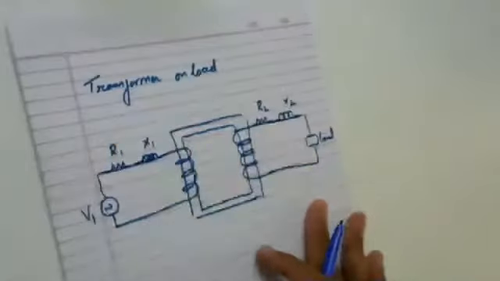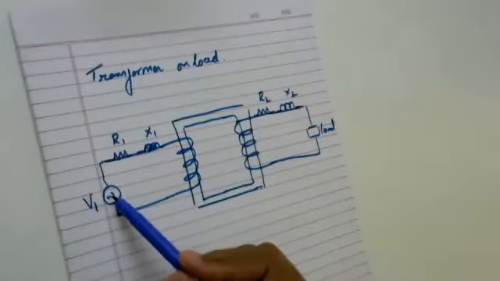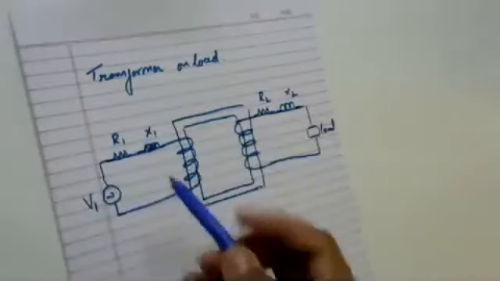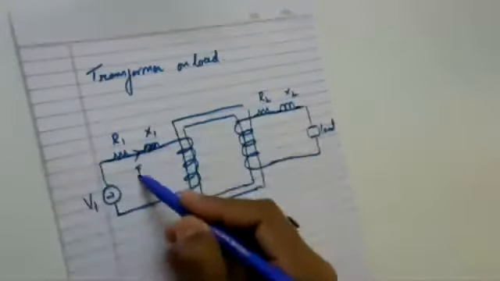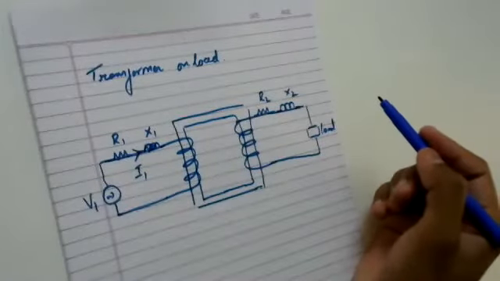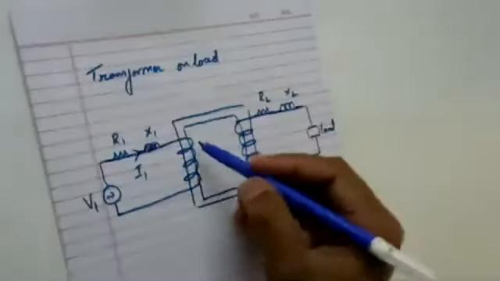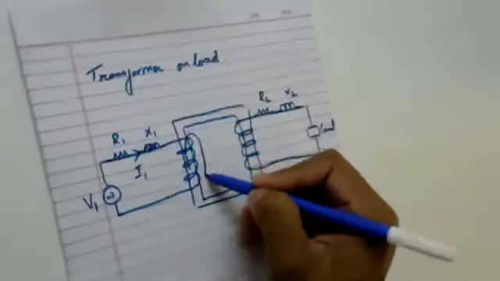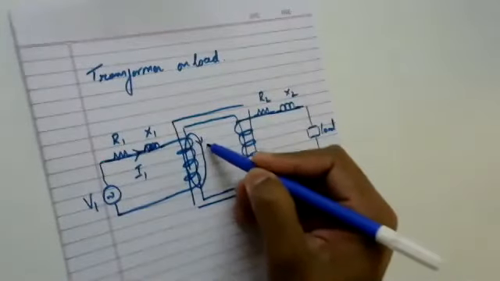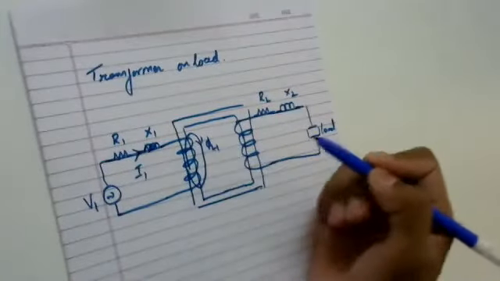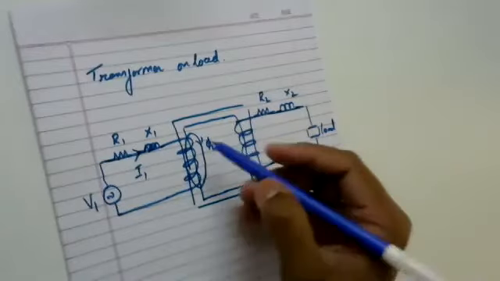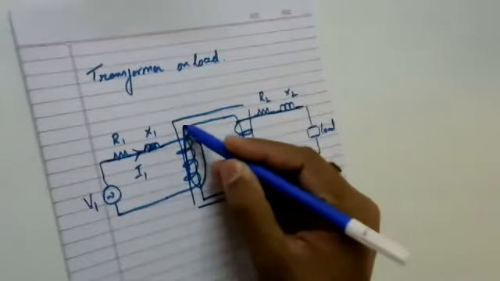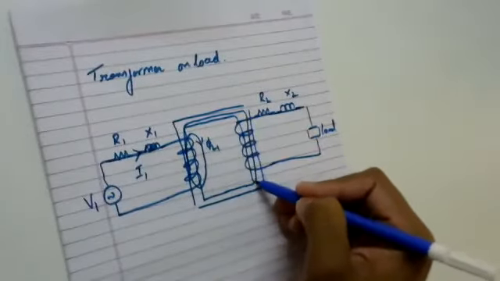Whenever a primary voltage is applied, this circuit is a closed circuit, which makes a primary current flow into the primary winding, which makes some flux to be developed in the primary winding, which links itself. This is called the primary leakage flux, and part of the flux moves from the primary and links to the secondary like this.